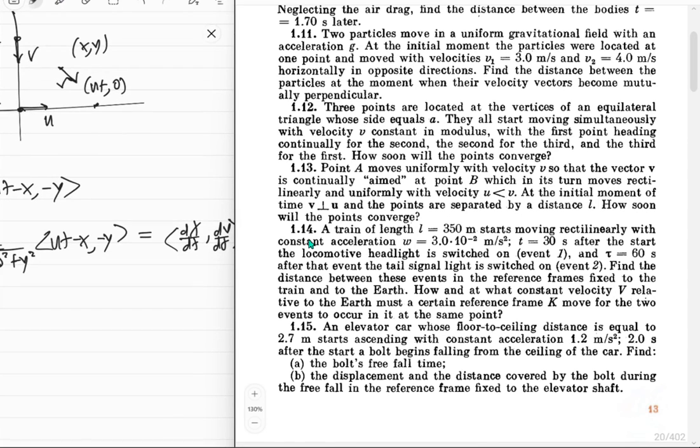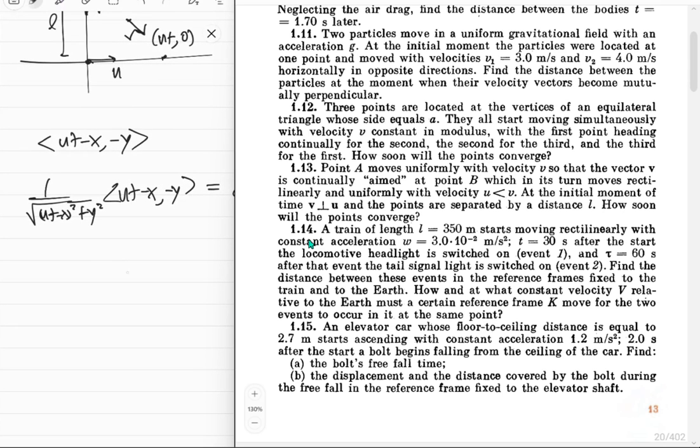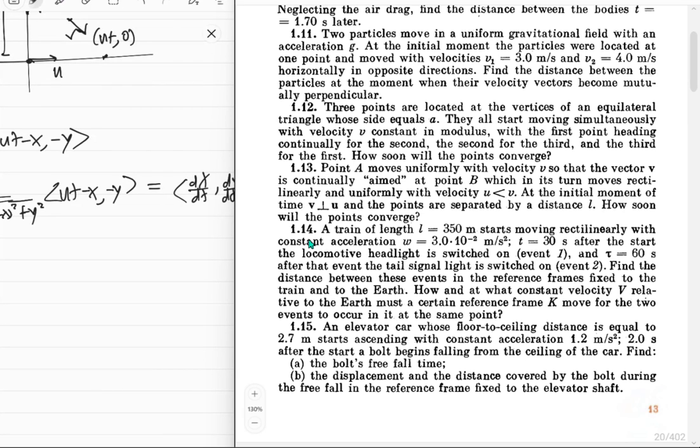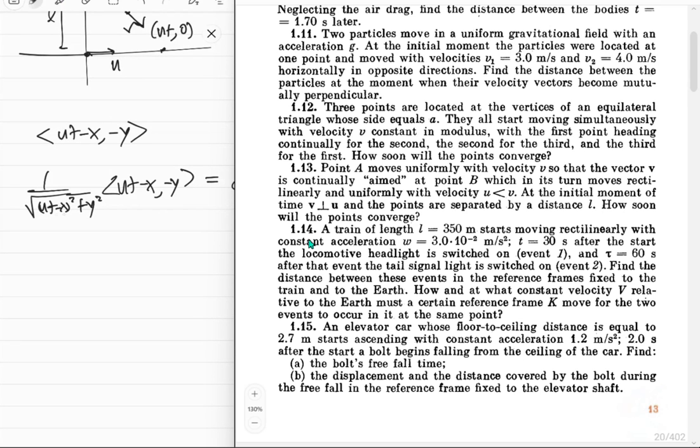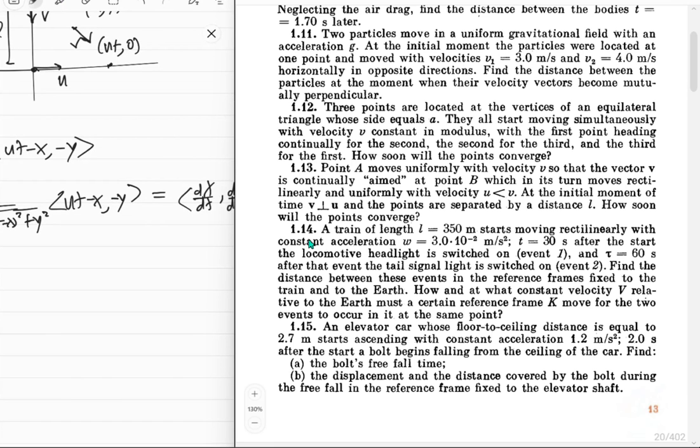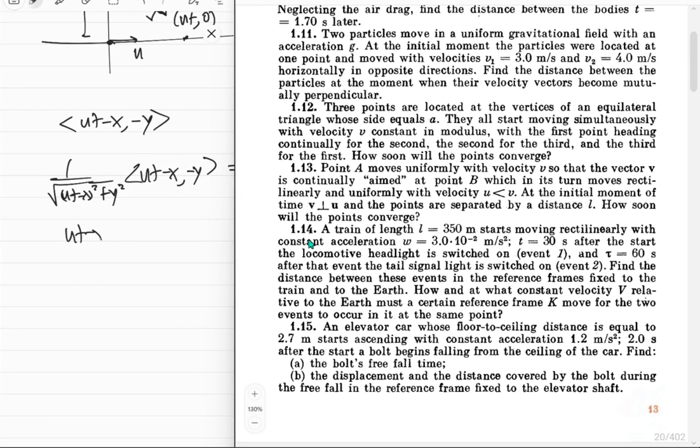Oof. All right. So I mean, okay, this is bad because, oh no, it depends on this quantity as well as that quantity. That is just not good. First thing we'll do is say ut minus x, let's say that's equal to z for solving this differential equation.